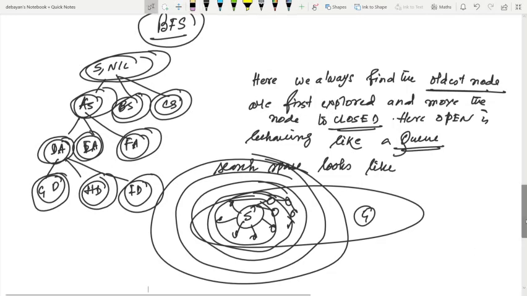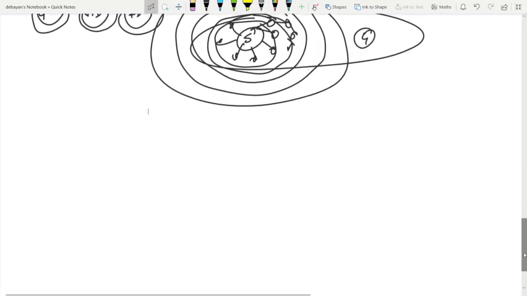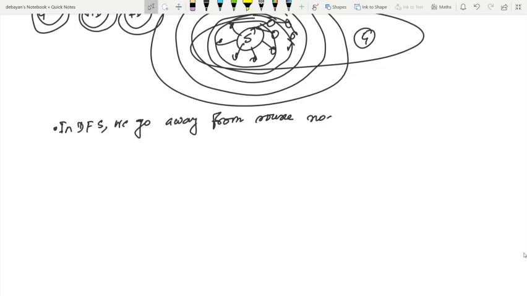So what I am saying is that in DFS we go away from the source node, whereas for BFS we move close to the source.